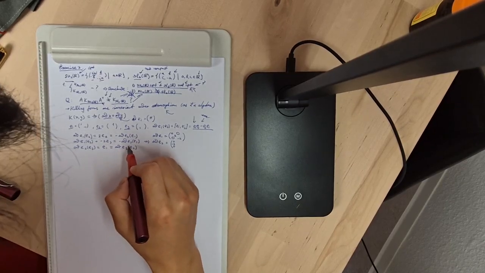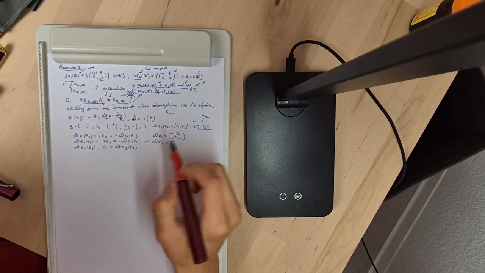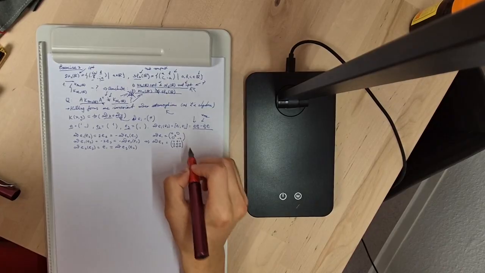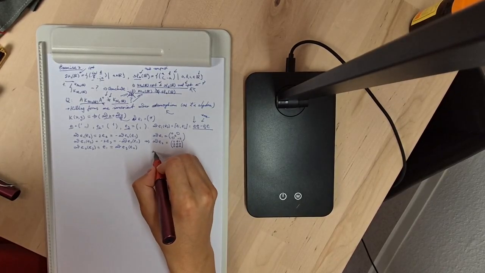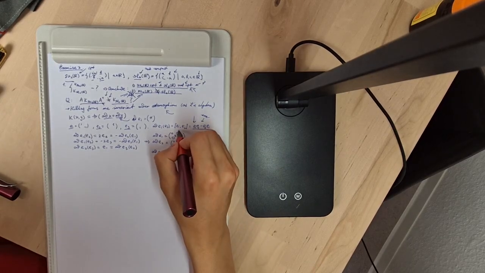What else? I'm missing something. Yeah, E3 goes to E1, which means the matrix should look like this, under this choice of basis vectors.